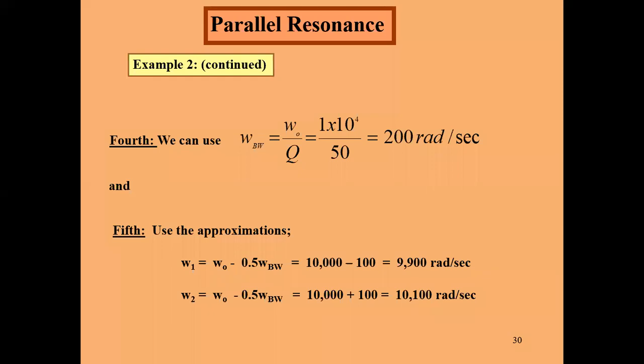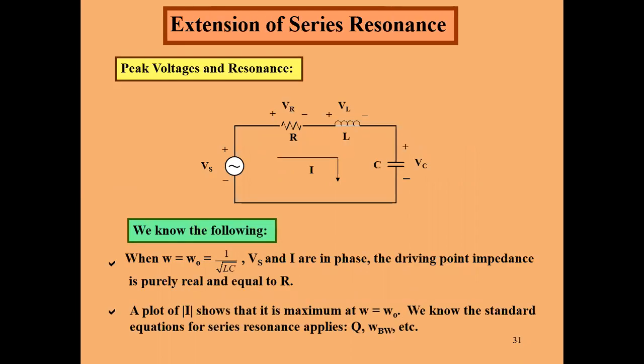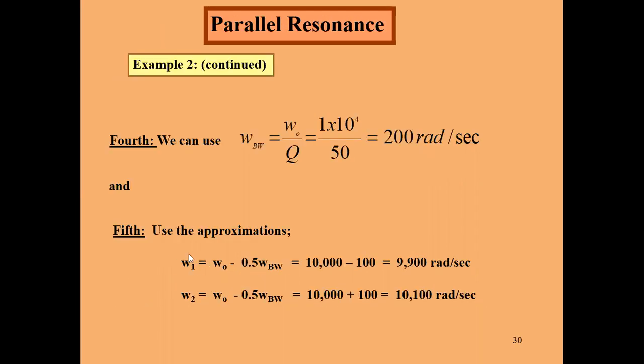And lastly, we can find out the bandwidth. Bandwidth is nothing but omega 0 divided by Q, so the bandwidth is 200 radians per second. The first cutoff frequency and second cutoff frequency: omega 1 is equal to omega 0 minus 0.5 beta, that is 9900, that is the first cutoff frequency, and here 10,100, that is the second cutoff frequency.